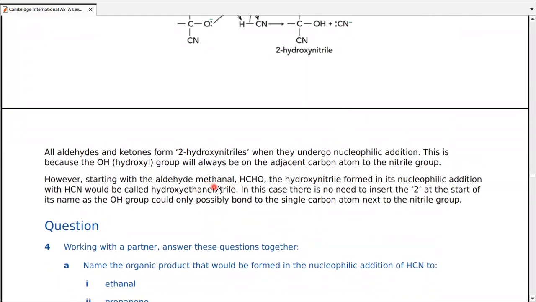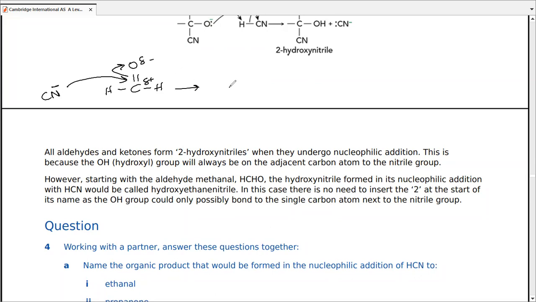Now, starting with the aldehyde methanal, the hydroxynitrile formed in this nucleophilic addition with HCN would be hydroxyethanenitrile. Why ethane? Because now we have extended the chain. Now, understand the point that he's trying to mention for you. If this CN is going to attack this carbon because it is partially positive and this one is negative, this would go over here.